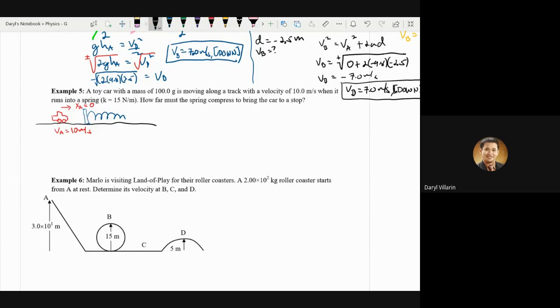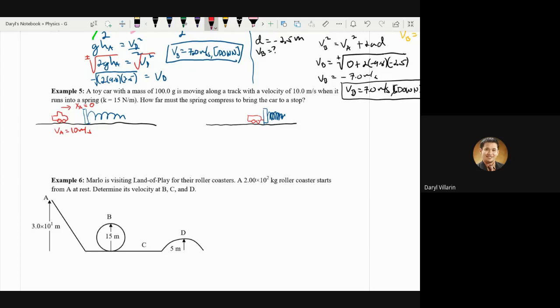So at point B, your diagram would be something like the car hitting now the spring, but this is now being compressed. Okay, this is now being compressed at a certain xB.